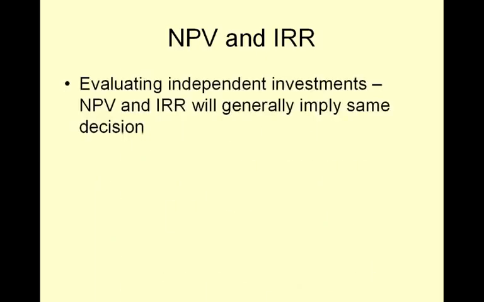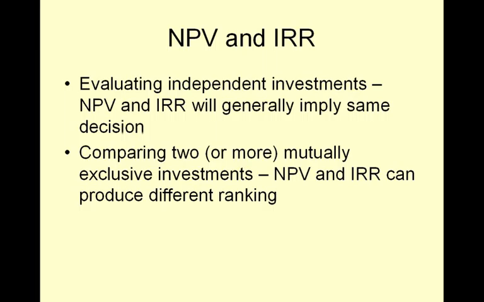Now, when we evaluate independent investments or projects or business opportunities that we can look at on their own without comparing them to others, the NPV and IRR rules will generally imply the same decision. However, as noted earlier, when we compare two or more mutually exclusive investments, sometimes the net present value and the internal rate of return can produce a different ranking.